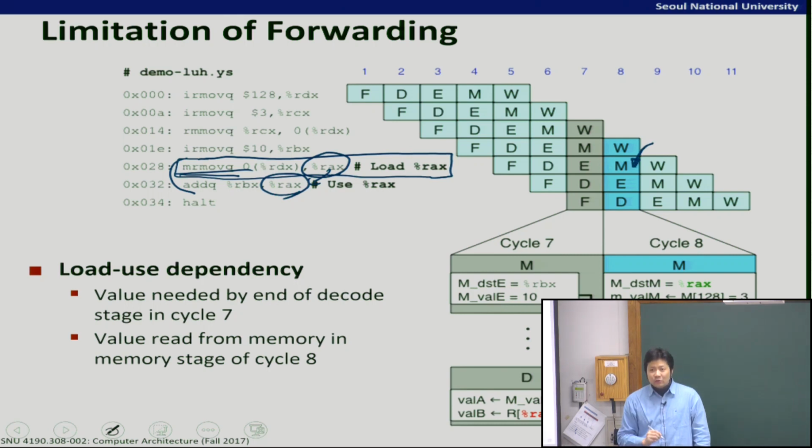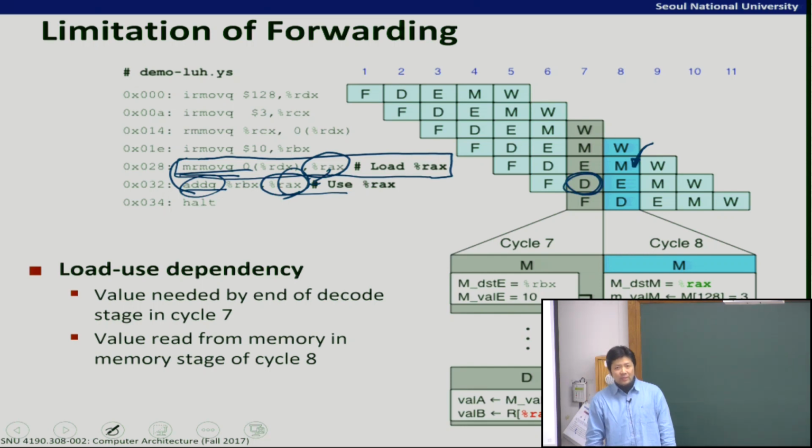But in order to forward the value to the pipeline register, we need the value here, right? So there's a mismatch, because this register value is needed by the add instruction in D stage, but this value becomes available only at the end of cycle 8.